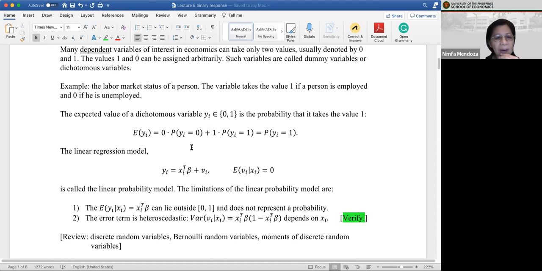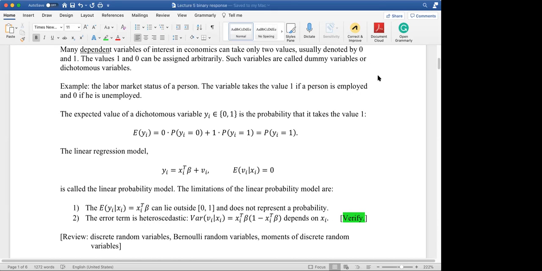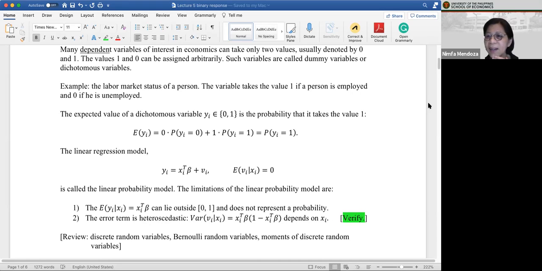For this, you have to review discrete random variables, Bernoulli random variables, and moments of discrete random variables. I guess you had this in 231.